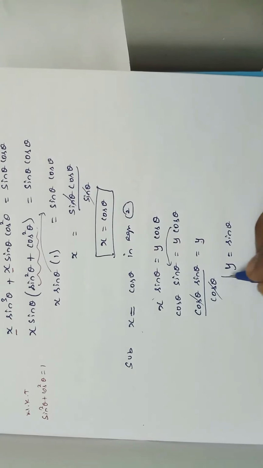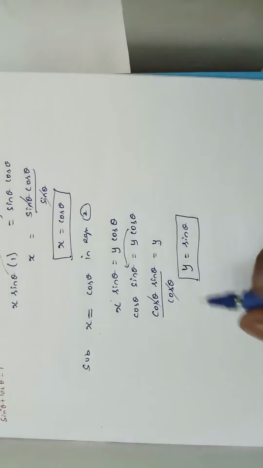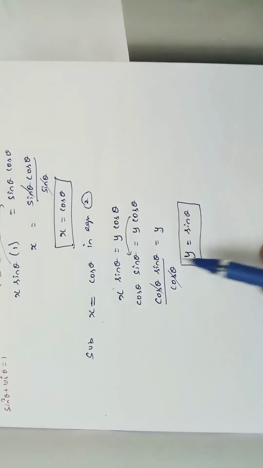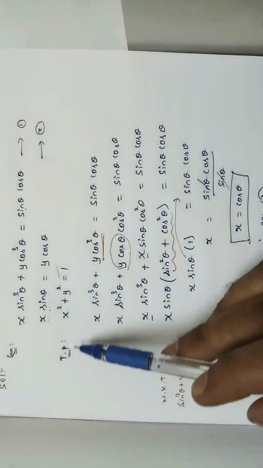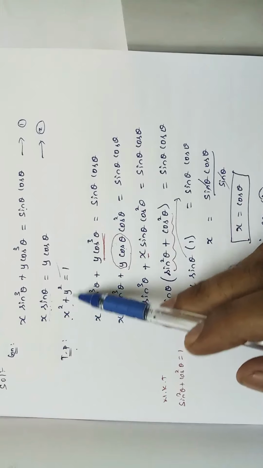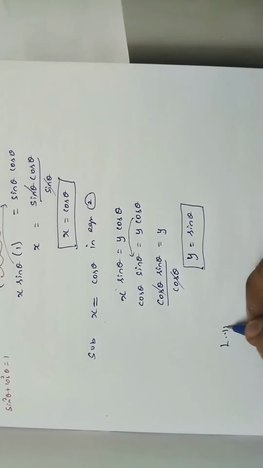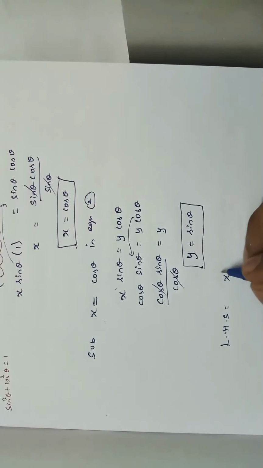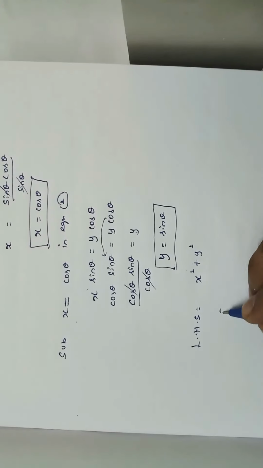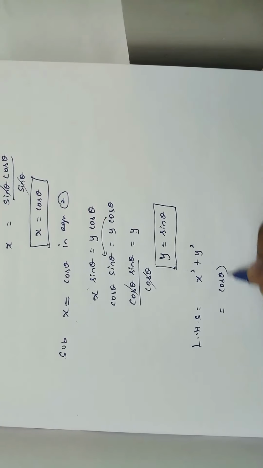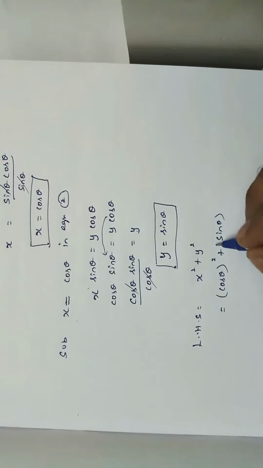Now we know the value of x and y. X is equal to cos theta, y is equal to sin theta. Now we can go to the proof. What do we want to prove? To prove x square plus y square is equal to 1. I'm taking the LHS. LHS is equal to x square plus y square, which is cos theta the whole square plus sin theta the whole square.